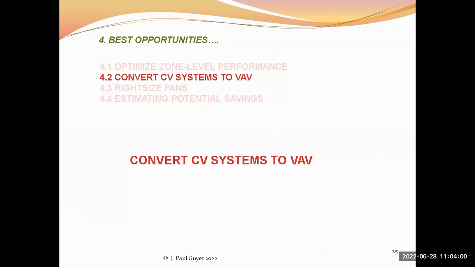And fundamentally, what you're doing in converting a constant volume system to a VAV system is, at each discharge point for air into occupied spaces, you are essentially just adding a VAV control box there, and a thermostat in that zone. And that essentially converts a constant volume system to a variable air volume system.